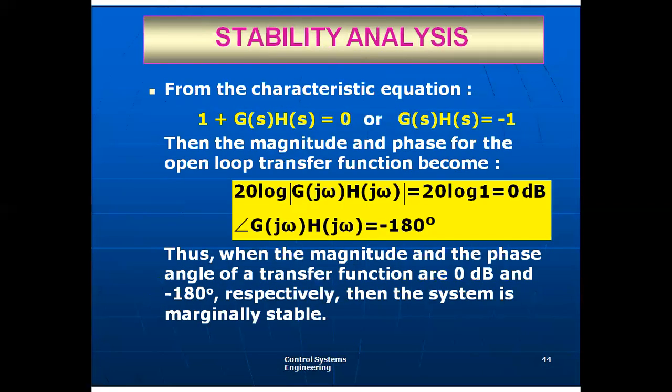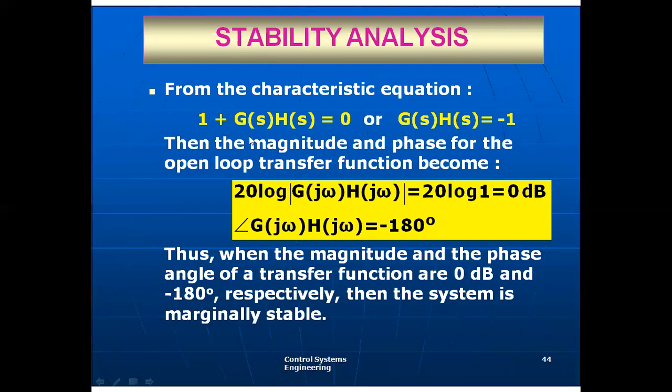Okay, how do you find the stability? As I already told you, we cannot directly find out the stability by using the closed loop transfer function. Instead, we first find the open loop transfer function from the closed loop transfer function.